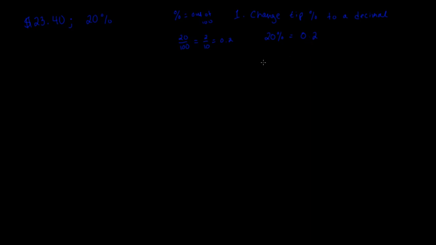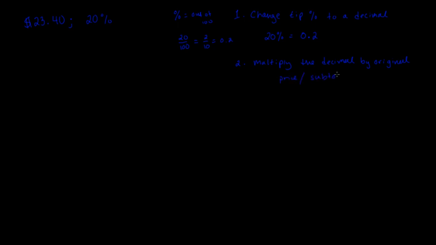And the second thing that we're going to do is multiply this 0.2 times the original amount. Okay, so step 2 is to multiply the decimal by the original price or the subtotal.